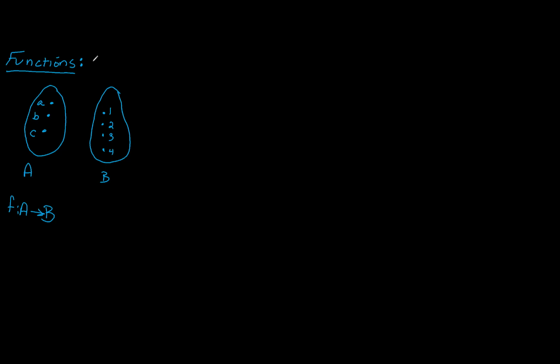So it's a map from the domain to the codomain that's well defined. Or another way of saying that is it sends every element of the domain to one element of the codomain.